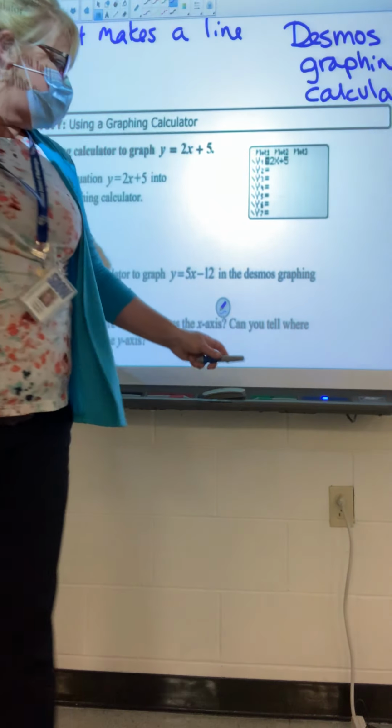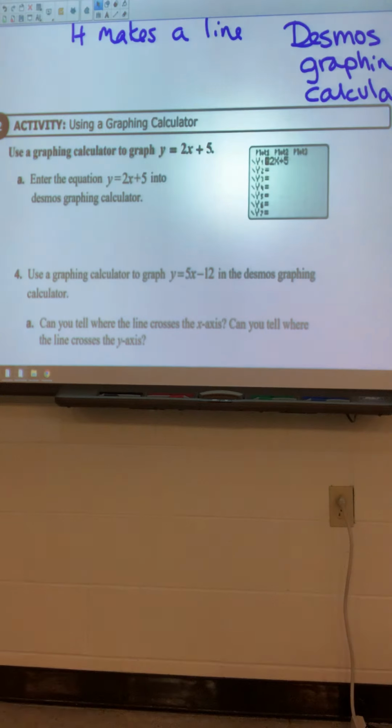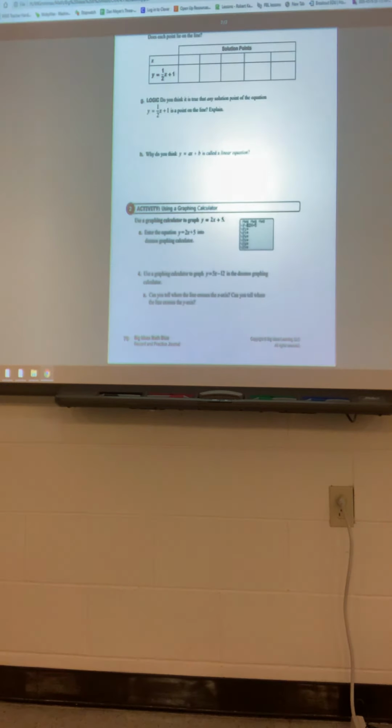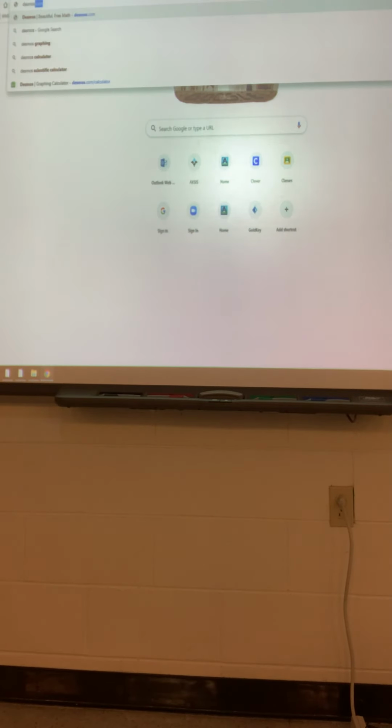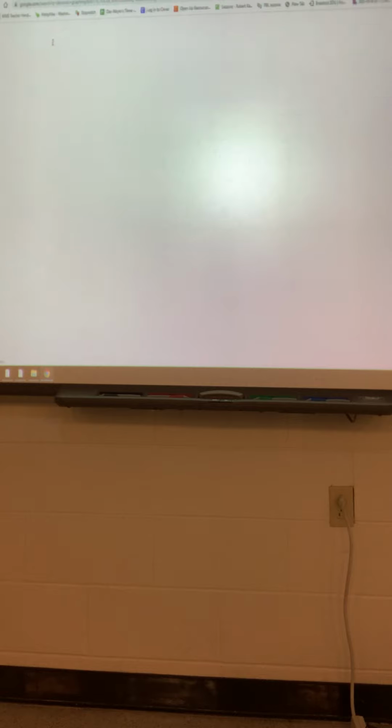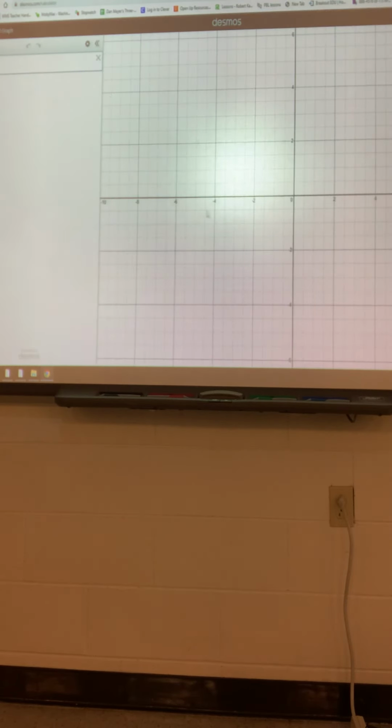You should come up to a, it should have like a box that says y equals. I just have a giant nothing. Like this? Okay, so usually they have a y equals, so let's type in, what was it, y equals 2x plus 5.